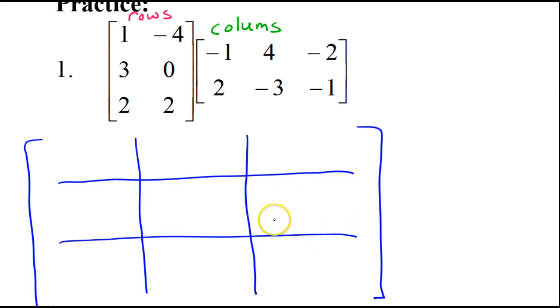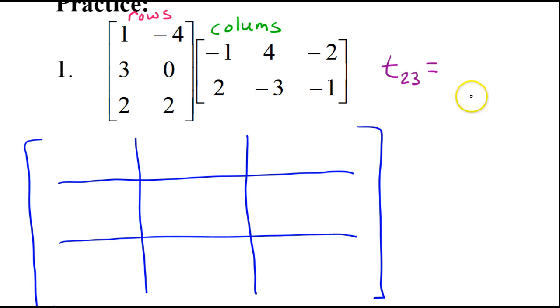So if this were a test or a quiz, instead of having you find an entire matrix, I might give you a question where I said something like this. Find element T, let's say 2, 3. Find this one element of the product matrix. So this would mean that I want the element from the second row and the third column.